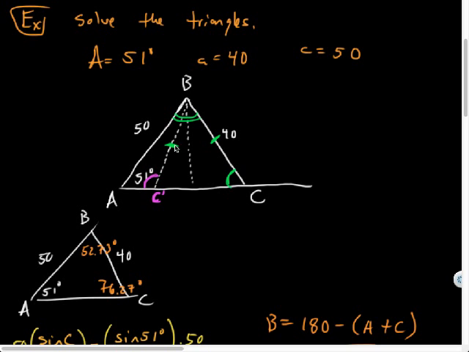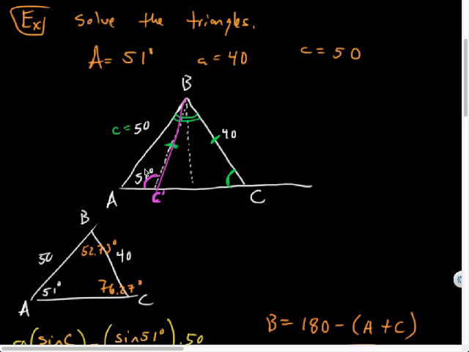So little a, big A, and little c are all going to still be the same, right? This is C. But what's going to change on us now? How could I find C prime for my new situation here? Well, I'll tell you.